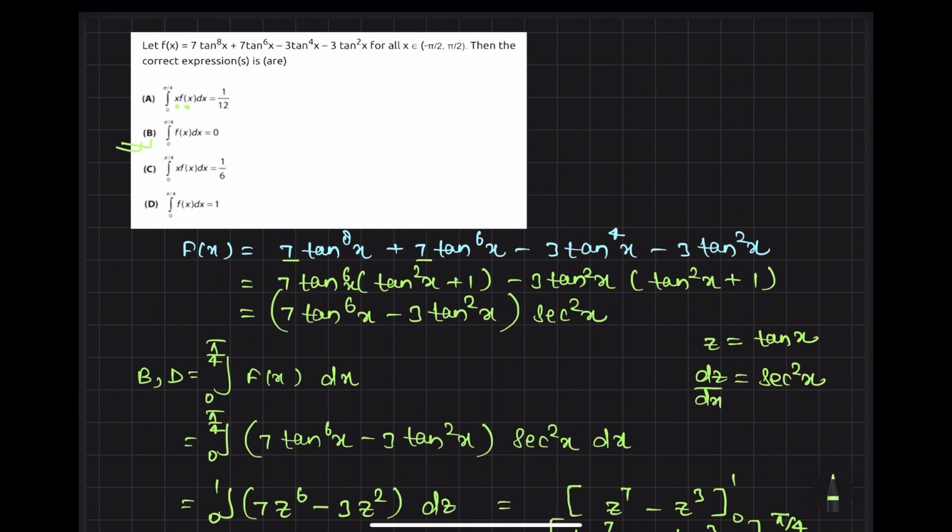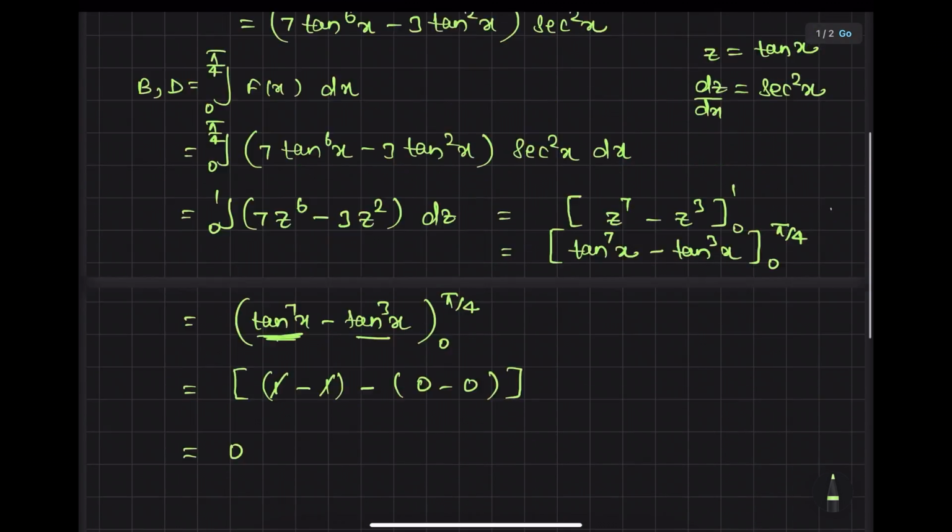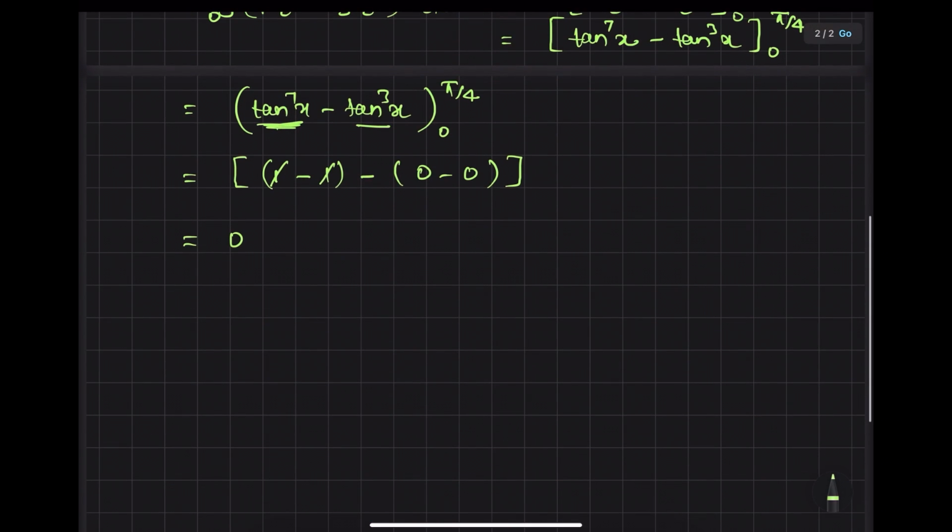Now we have to handle x times f of x, in the same limit 0 to pi by 4. So the integration from 0 to pi by 4 is x times f of x dx. Here we will be applying integration by parts, and we take as first function the function whose differentiation is easy. Differentiation of x is easy, and you may say that I can write f dash x as the differentiation of f of x.